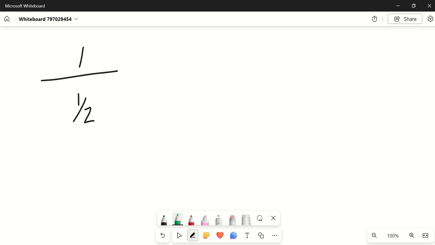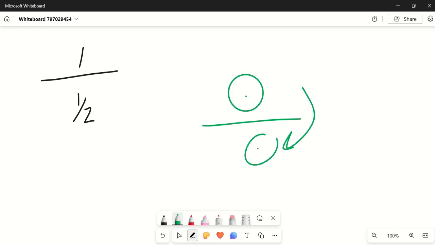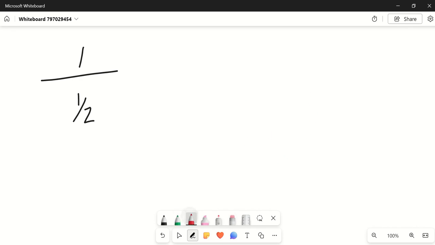Again, a fraction, even a complex fraction, is a division problem that has not been solved yet. Top number divided by the bottom number. So this is telling us, we'll change the color of our pen here, this is telling us that this is 1 divided by 1/2.